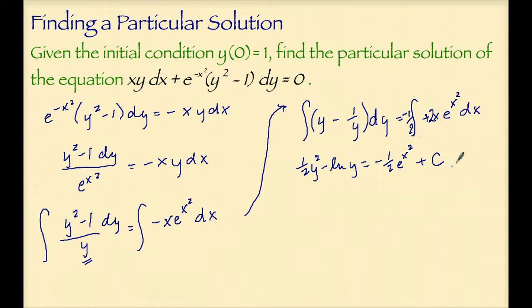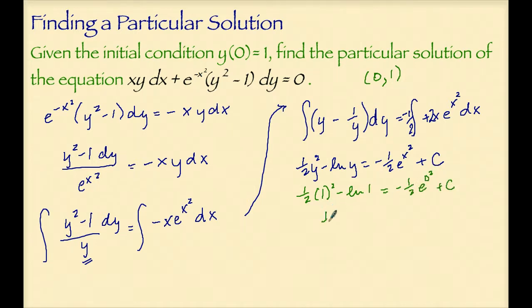Now I am solving for a particular solution, and I do have an initial condition to help me do this, the ordered pair 0, 1. Replacing y with 1 and x with 0 will allow me to solve for the particular c. 1/2 times 1 squared minus natural log of 1 is equal to negative 1/2 e to the 0 squared plus c.